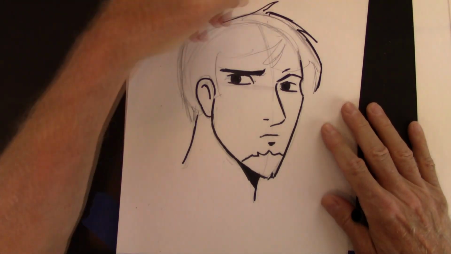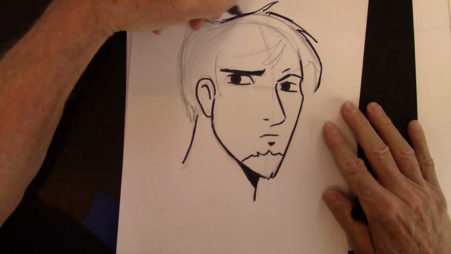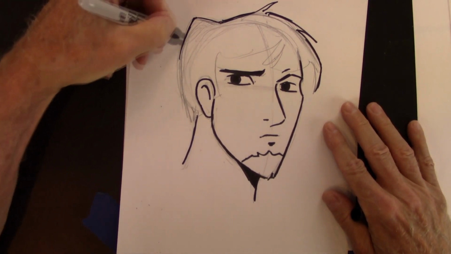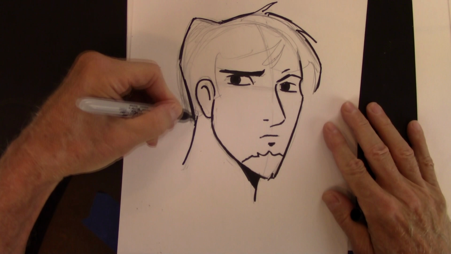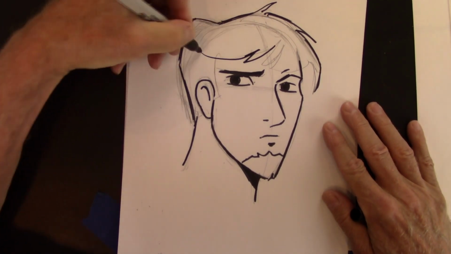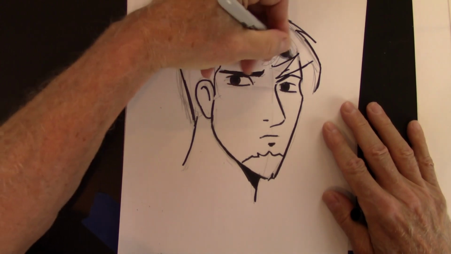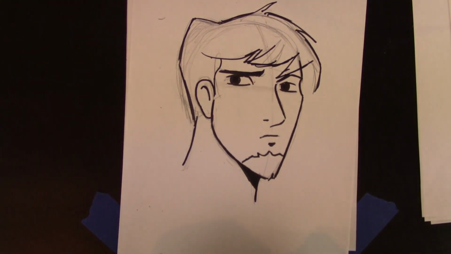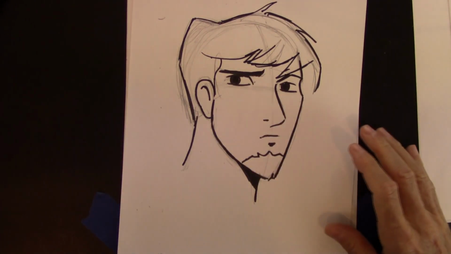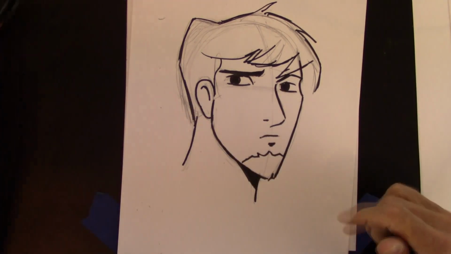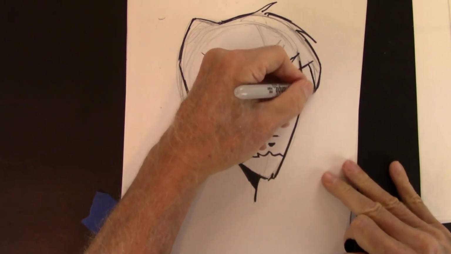Now, if we add a lot of hair on top of his head, what's going to happen is that the head will look taller, and you'll lose the effect of having a short forehead. So you don't want to build the hair up very much. Sweep some of the hair over. And right there. There we go.